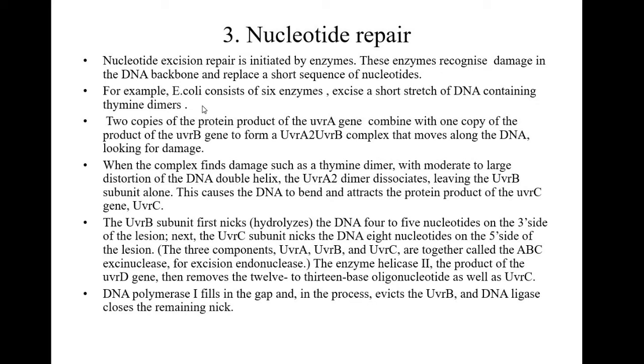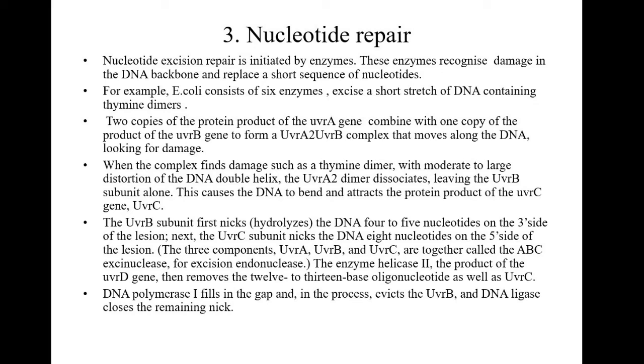If we consider the example of E. coli, it consists of 6 enzymes which excise a short stretch of DNA which contains the thymine dimer. The 2 copies of a protein product of the UVRA gene combine with 1 copy of the product of the UVRB gene, which forms the complex that moves along the DNA, and it looks for the DNA damage.